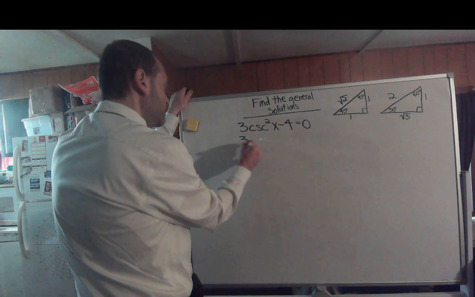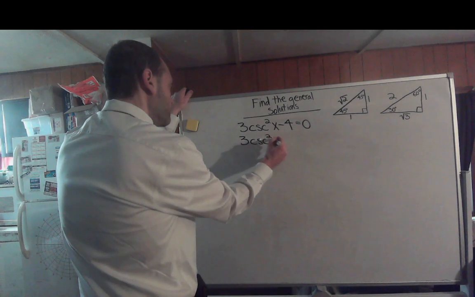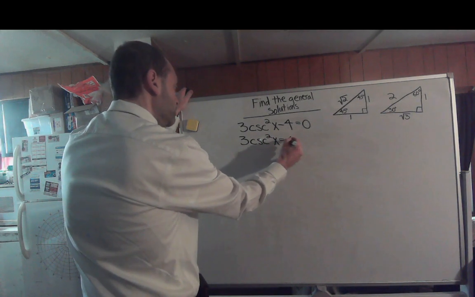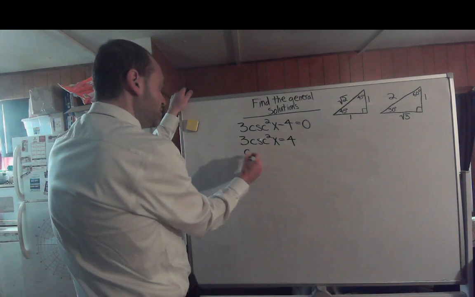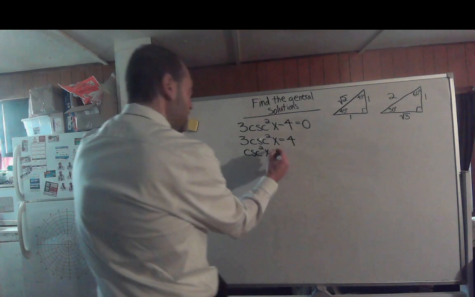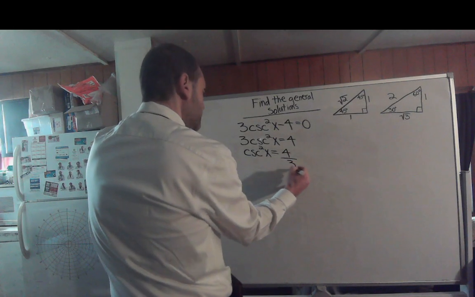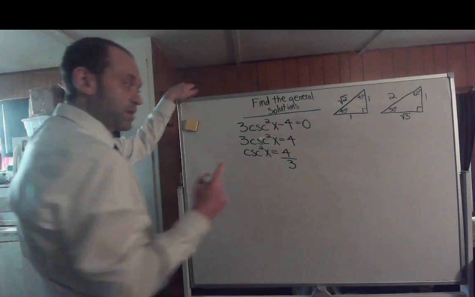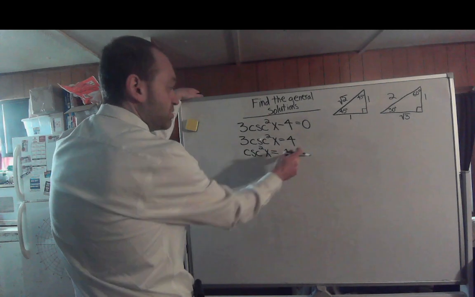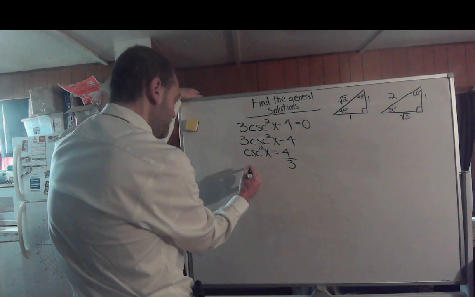So this would give you 3 times the cosecant squared of x equals 4. So then you would get cosecant squared of x equals 4 over 3. Now we just take the square root of both sides, but it's going to be the positive and negative of the right-hand side.